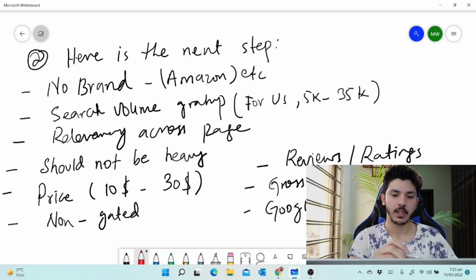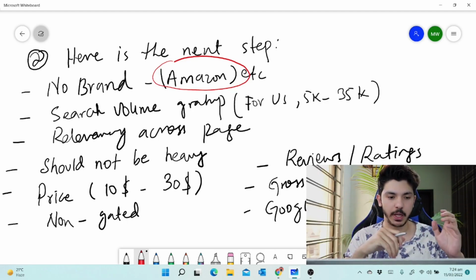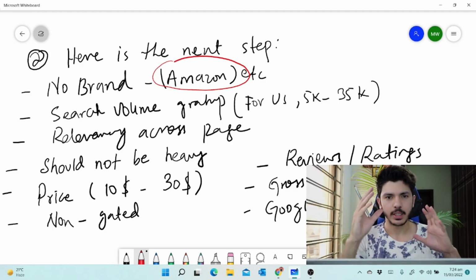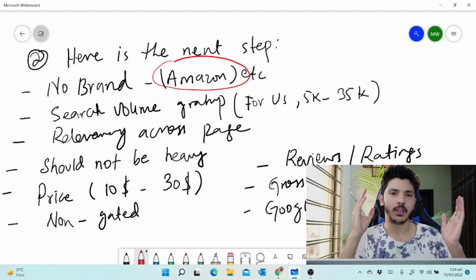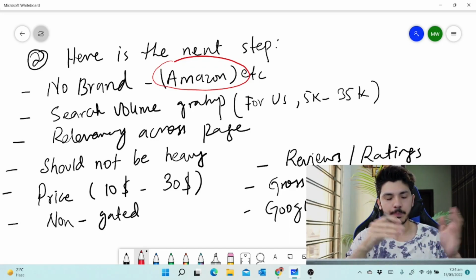So the first thing is there should be no brand dominancy. This is one of the most important factors. So what does brand dominancy mean? Let's say you find a product, you put in the keyword on the Amazon search page, and you see a number of products over there. Once you scroll down and see different listings, you will see a number of sellers or brands already selling in the top 10, which means they are repeating again and again.